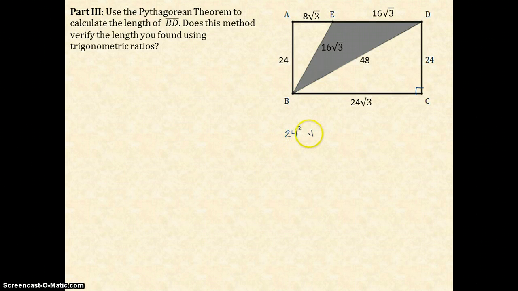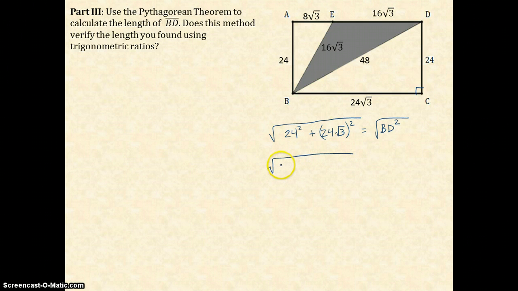So 24 squared plus 24 times the square root of 3 squared. What does that equal? That equals BD squared. So to find BD, I would do the square root of these, right? So the square root of 24 squared.